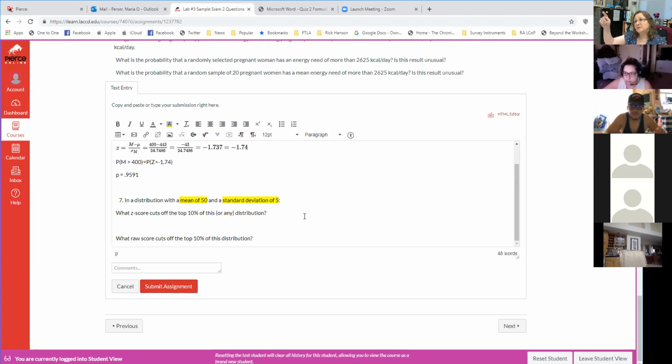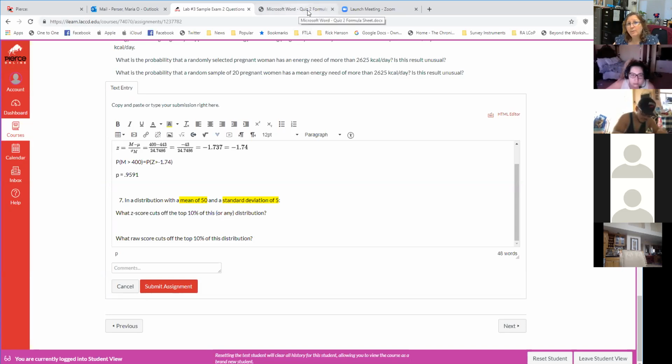What you need to do is shade in the 10%, so 0.10 is the area under the curve that we're looking for. And we need to find the z-score that represents that area equal to 0.10. You follow me so far? Mm-hmm. Yeah?